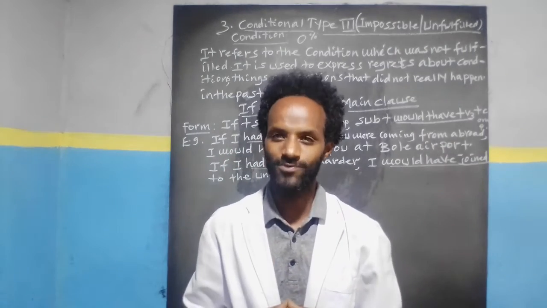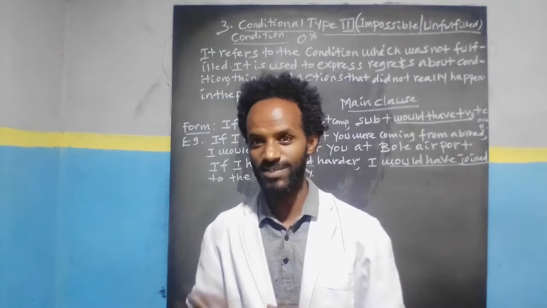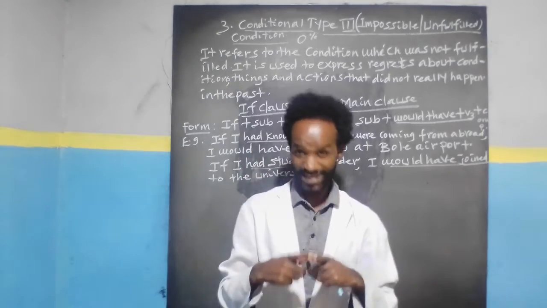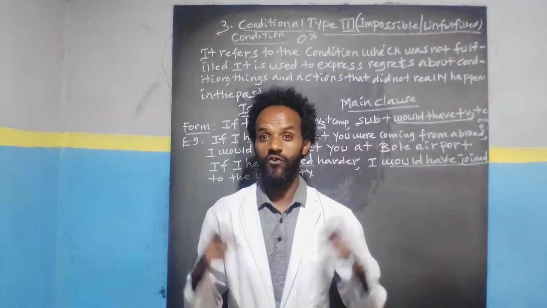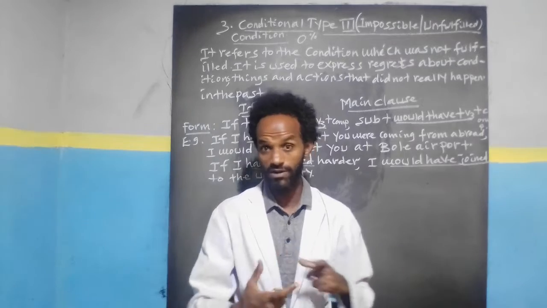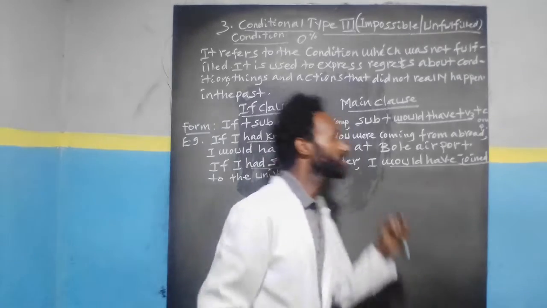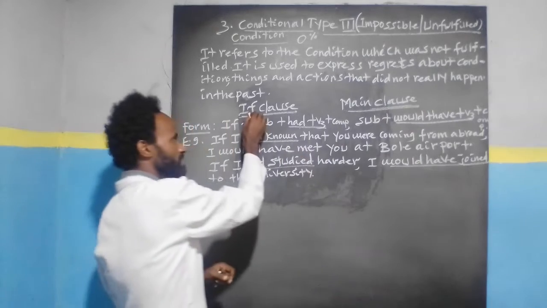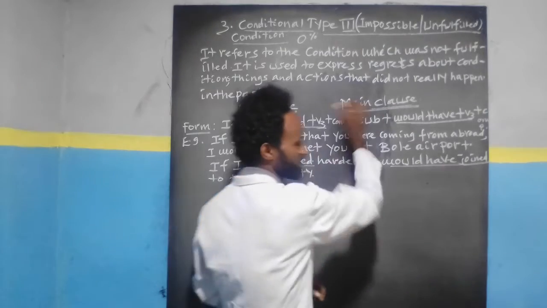The first part is the if clause part, and the second is the main clause part. This one is the condition part and this one is the result part.